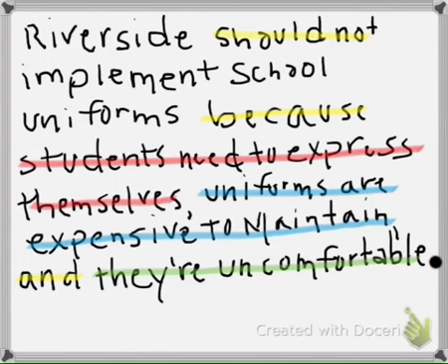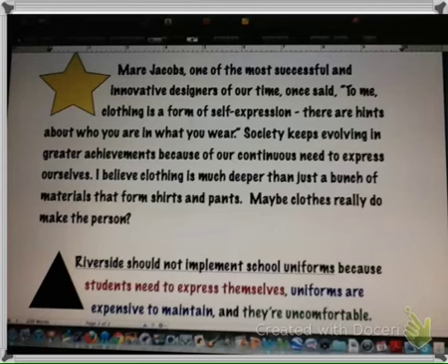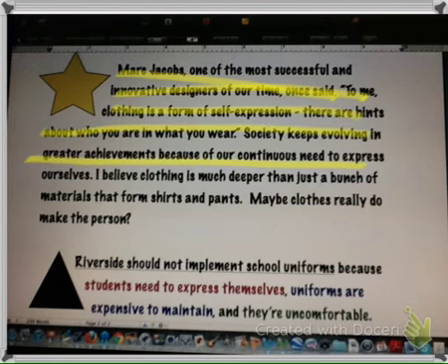So now let's look at an example of what your final introductory paragraph could look like. Alright, so here's a final example of how to use that graphic organizer that I gave to you. After I was done writing my essay, I went back and I started to write my lead or my hook so readers would be interested in what I was about to write.